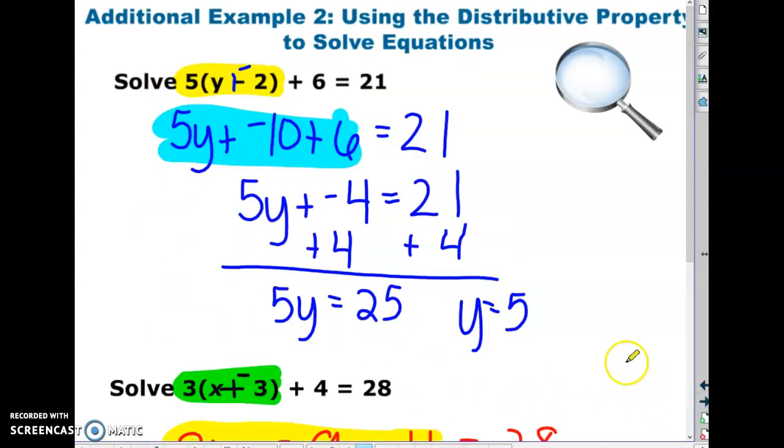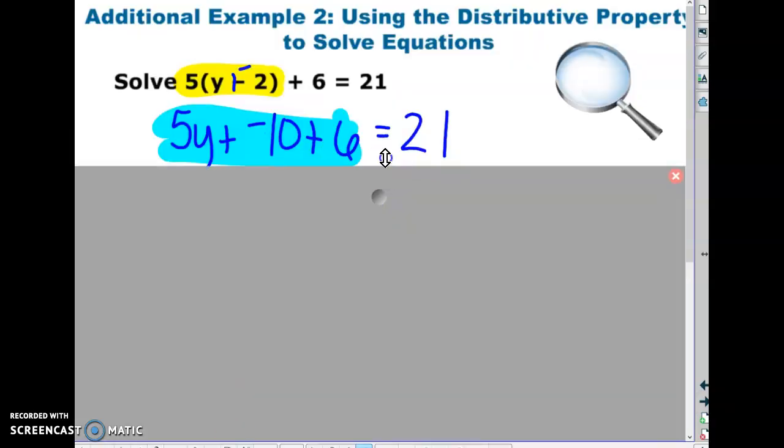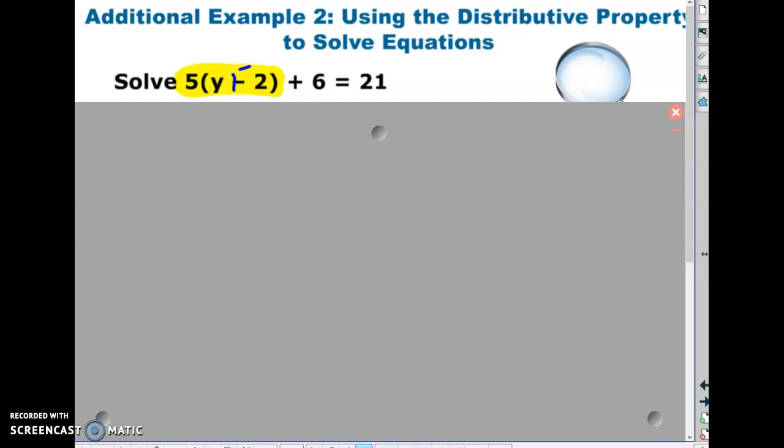All right, let's do a couple equations that have these kinds of problems in them. I'm going to look at this first one right here. My first problem is 5 times y minus 2 plus 6 is the same as 21. So I would first of all do the add-up prop, and I would change this to 5 times y plus a negative 2.